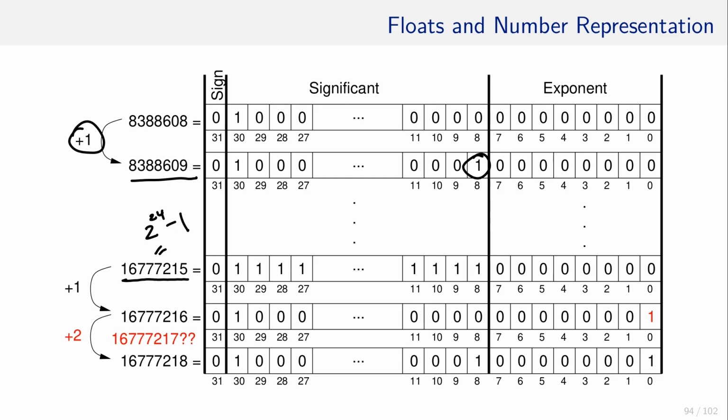For the next natural number, we cannot increment the significand any longer since all its bits are already set. Instead, we reset all its bits and increment the exponent by 1, shown here.